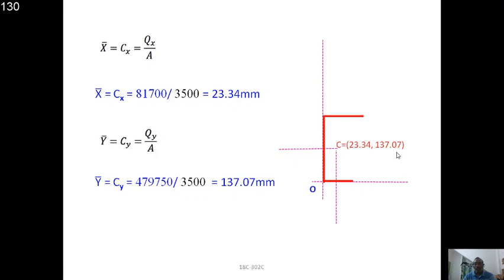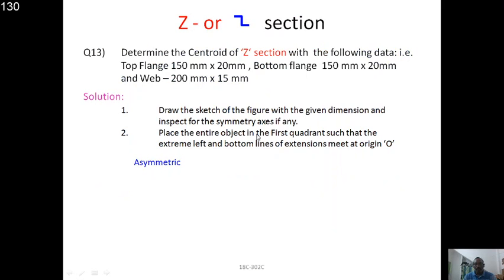Then locate the centroid. So this is the way you need to locate the centroid with respect to the origin. Now we are moving towards the Z section.